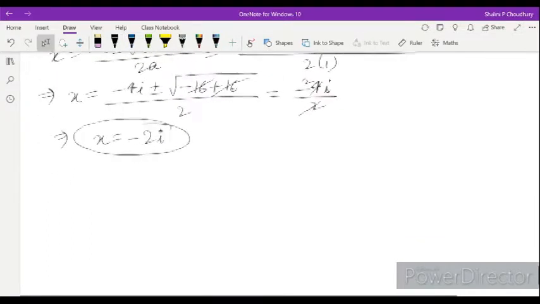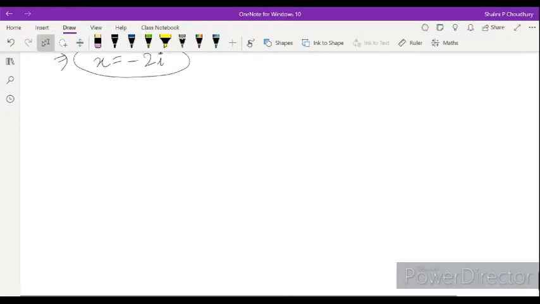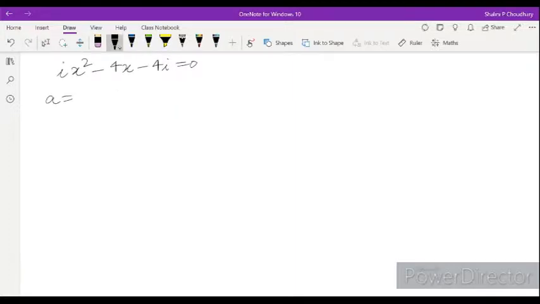The next question. If we have the question x square minus 4x minus 4i is equal to 0. Okay. Then in this case, what will the value of a? A का value will be i. Why?